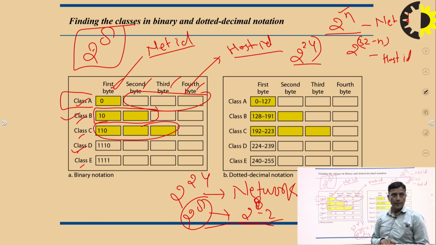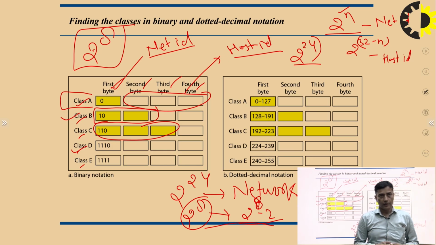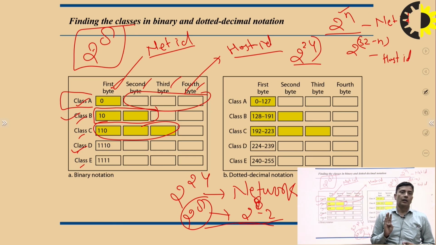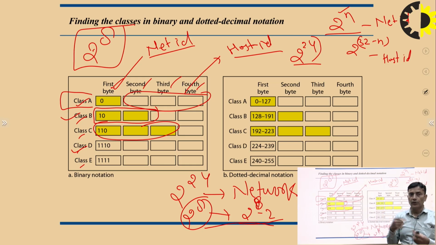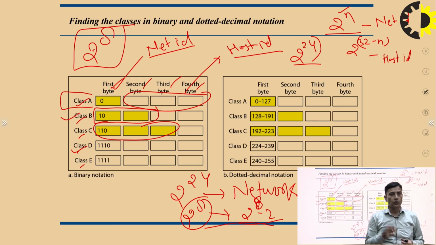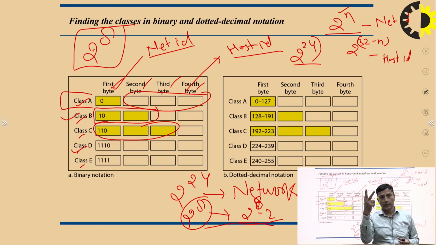You should remember one thing: the number of bits used in the network ID and the number of bits used for the host ID in different classes. If we talk about class C, you should remember that the first 3 bytes are for the network ID and the remaining 1 byte is for the host ID.